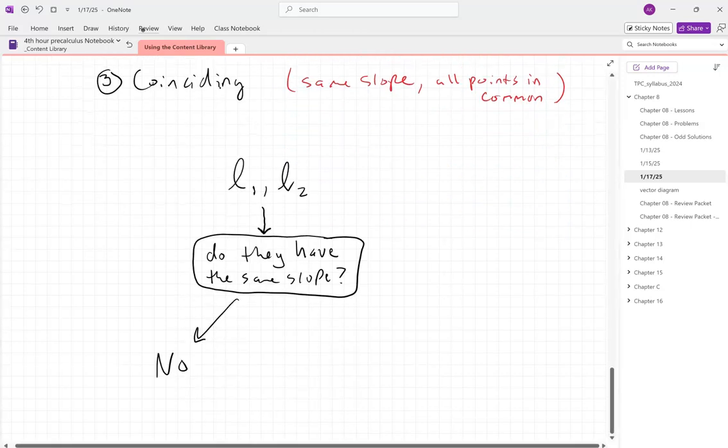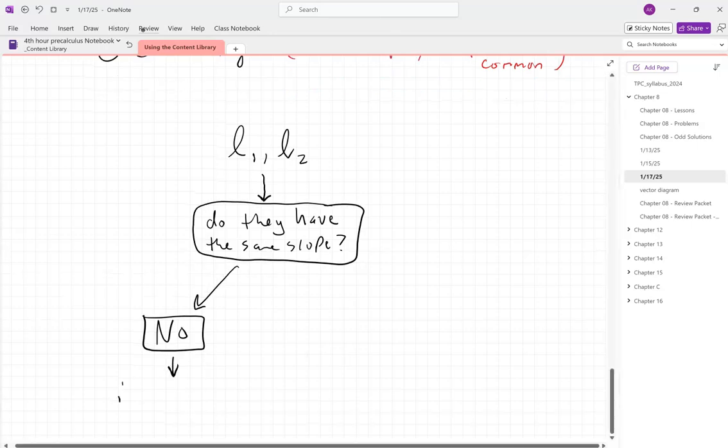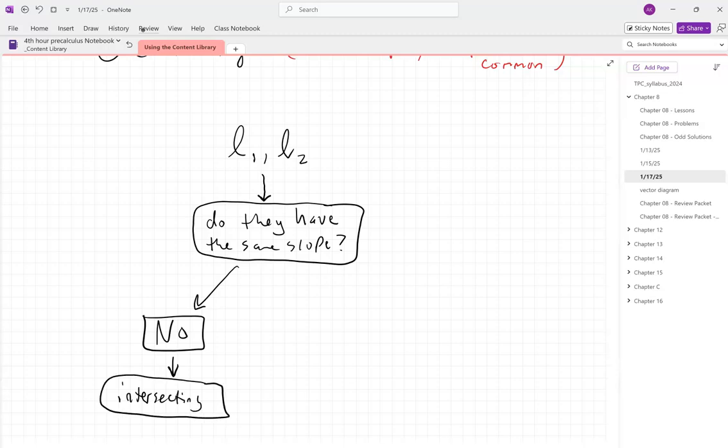If the answer is no, we're done and we know they're intersecting. If the answer is yes, we need to check some more.